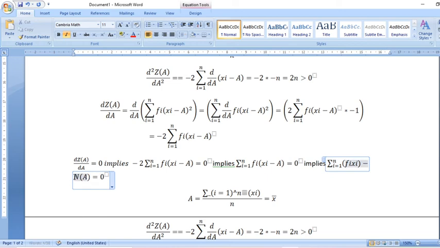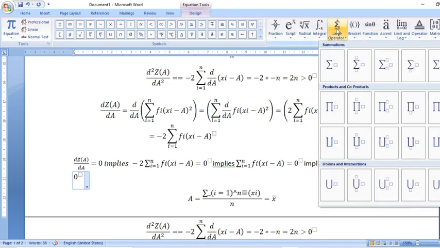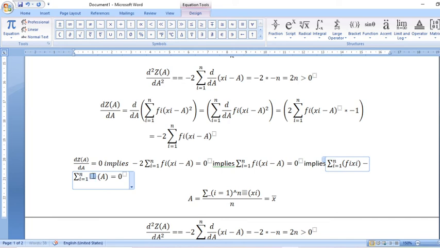capital N a. Since it is a frequency data, we can incorporate one more step: summation i equal to 1 to n of fi, and a can be taken outside.